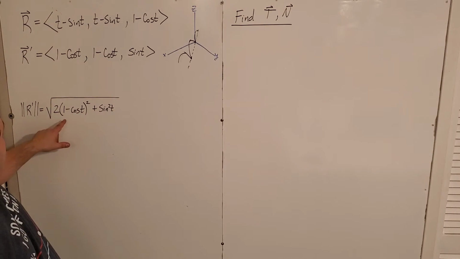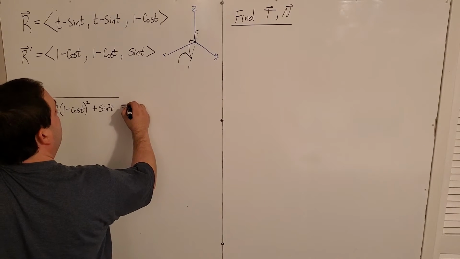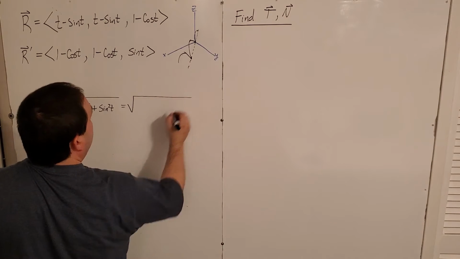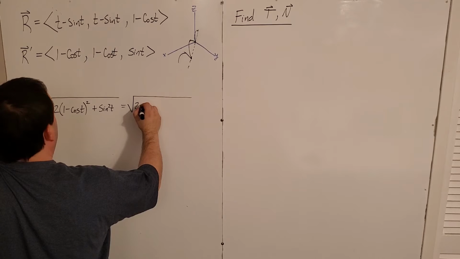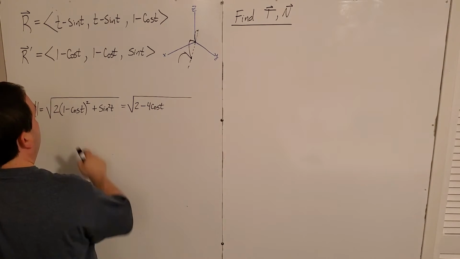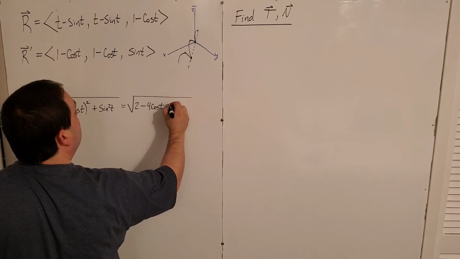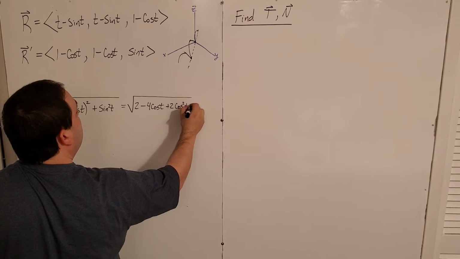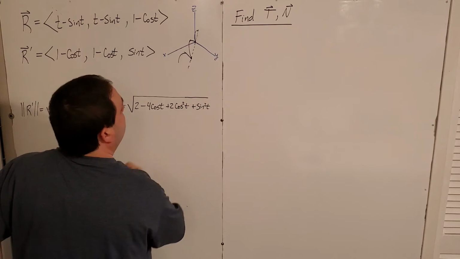Okay, so then this comes out to be 2 minus 4 cosine t, and then I've got plus 2 cosine squared plus sine squared.